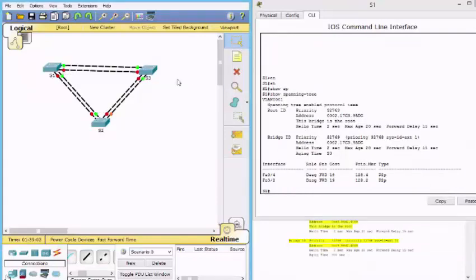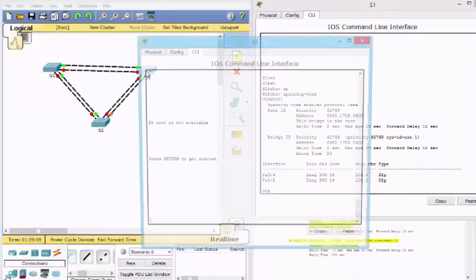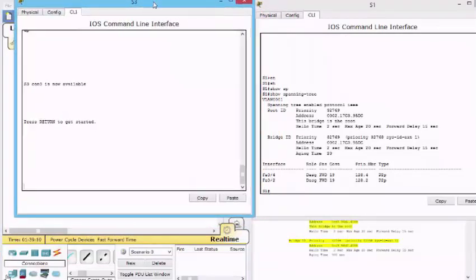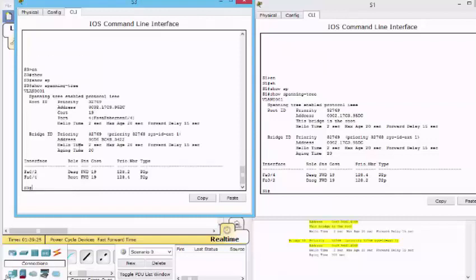Now we use the show spanning-tree command on switch 3 to examine why S1 became the root bridge, not S3. So we go enable, we go show spanning-tree. Now we see that in switch 3 the bridge ID priority values are the same.